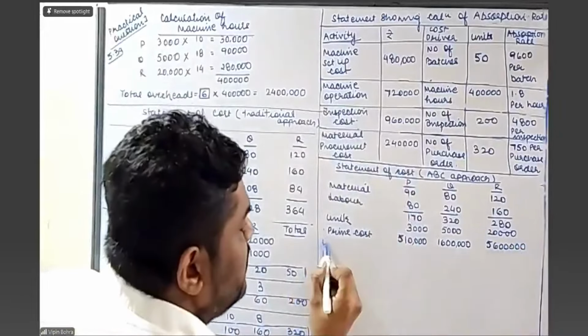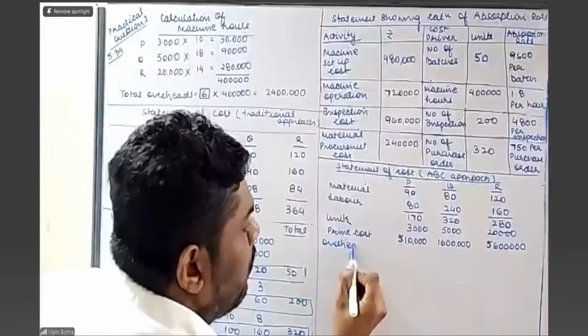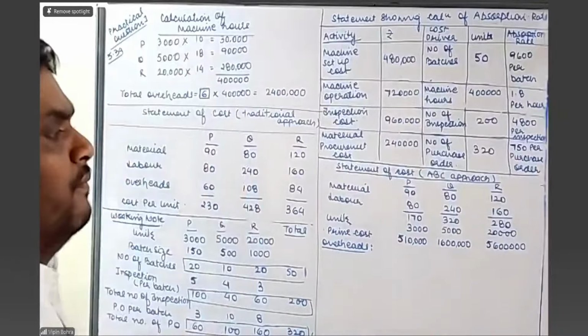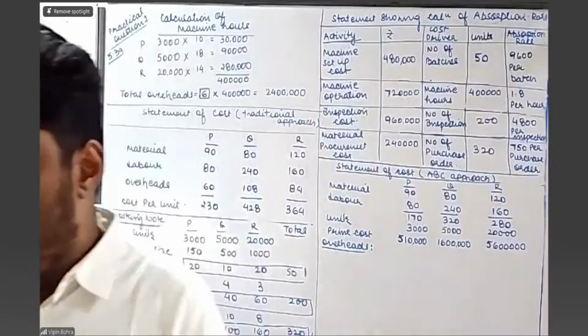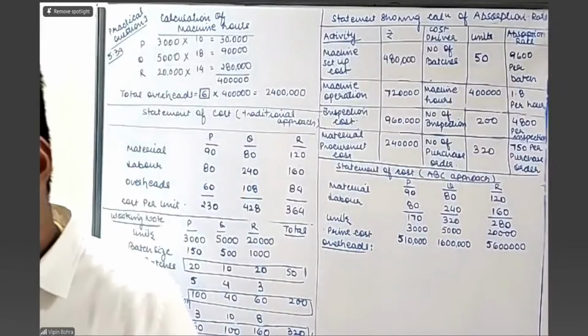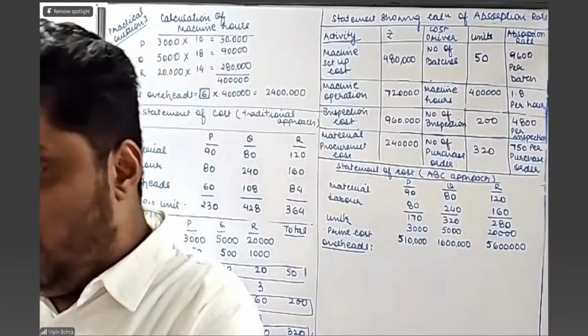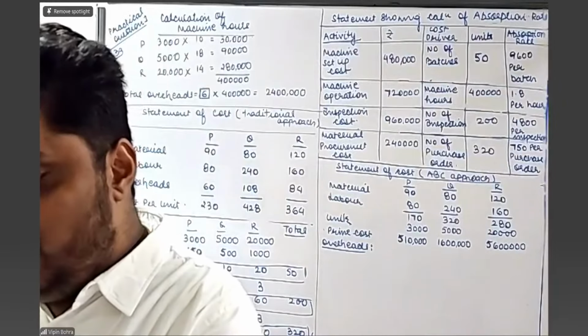Now let's start with the overheads. I think, Minu, it is 56 lakh.